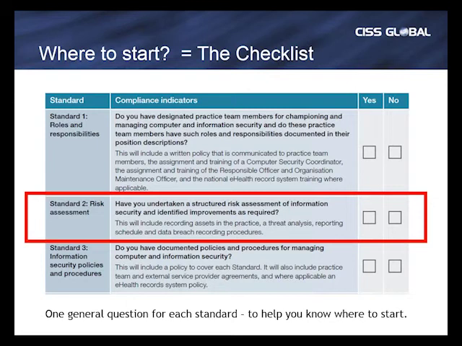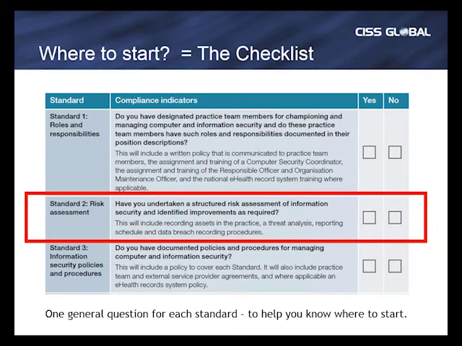So initially, one of the most important things is standard 1. Do you have people responsible for managing computer and information security in the practice? And even if you do, are these people trained? Do they know what they're supposed to do? And what support are you actually giving them?